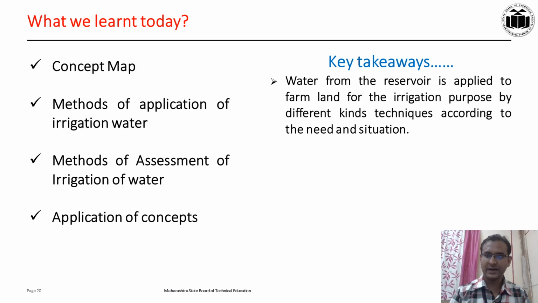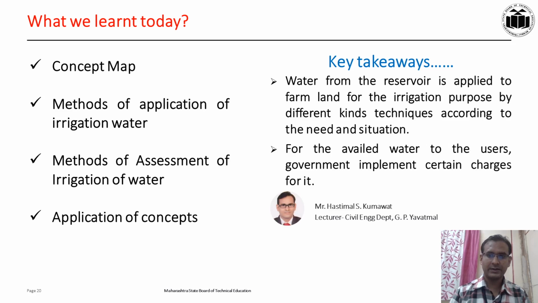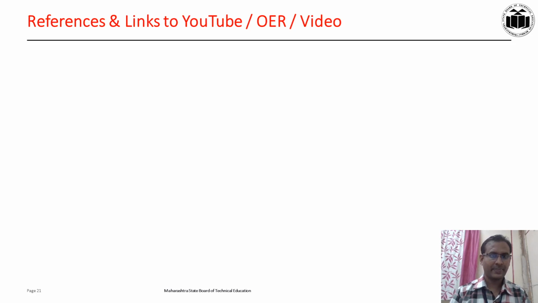Water from the reservoir is applied to farmland for irrigation purposes by different kinds of techniques according to need and situation. Another key takeaway is that for the availed water, the government implements certain charges for the users. These are the key takeaways.